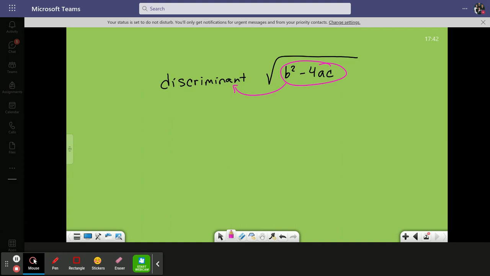And that's going to tell me, if I have a quadratic equation, I have a graph that's a parabola, right? That U-shaped graph. And what I've been trying to find every time I solve a quadratic equation is these 2 points right here. Where does it cross the x-axis? Those are my x-intercepts.